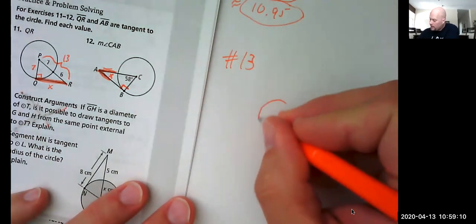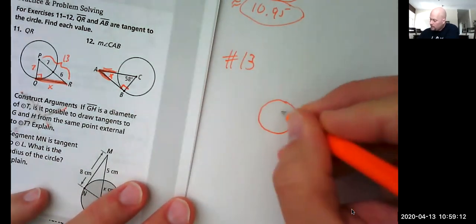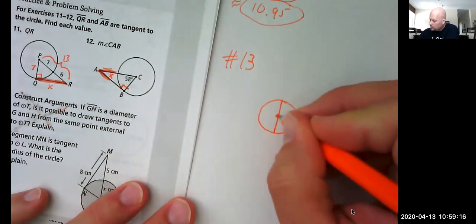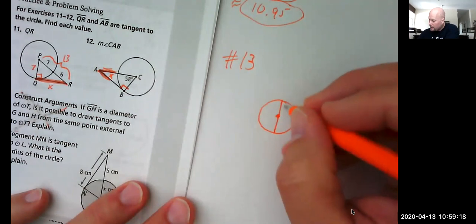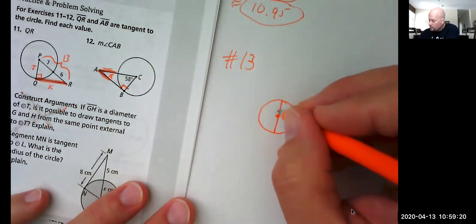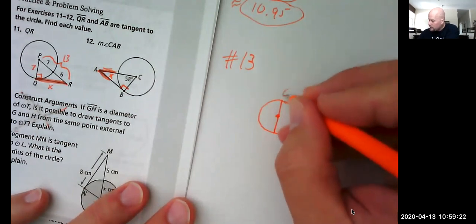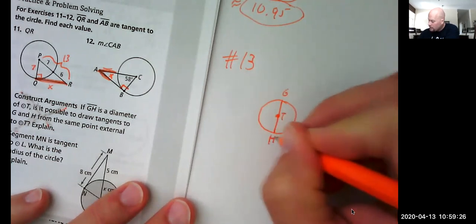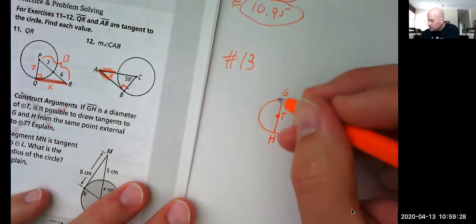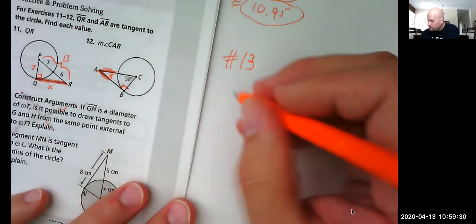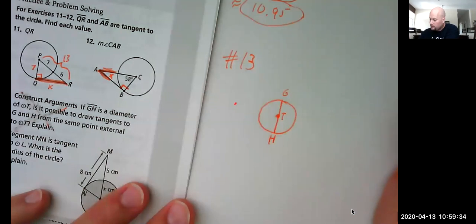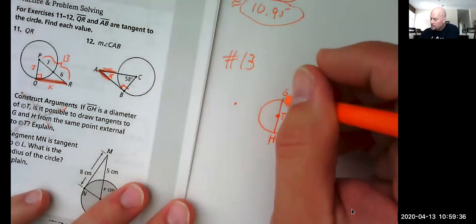So if we had a circle and we drew a diameter through it, and we had a point G and a point H, and this was T, and then we had an exterior point out there that would have a tangent line that goes through G and H.